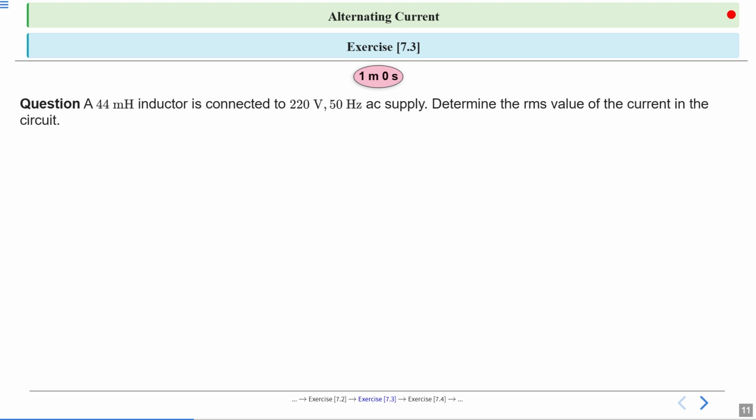The specifications of the AC source are given. 220 volt is considered as the RMS value because it is not mentioned whether it is peak value or RMS, so by default we take it as the RMS value. You have to determine the RMS value of current in the circuit. So I will give you some time to solve it.